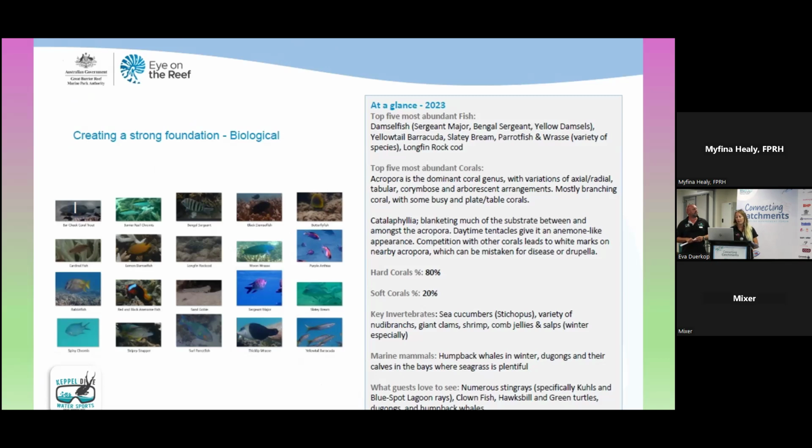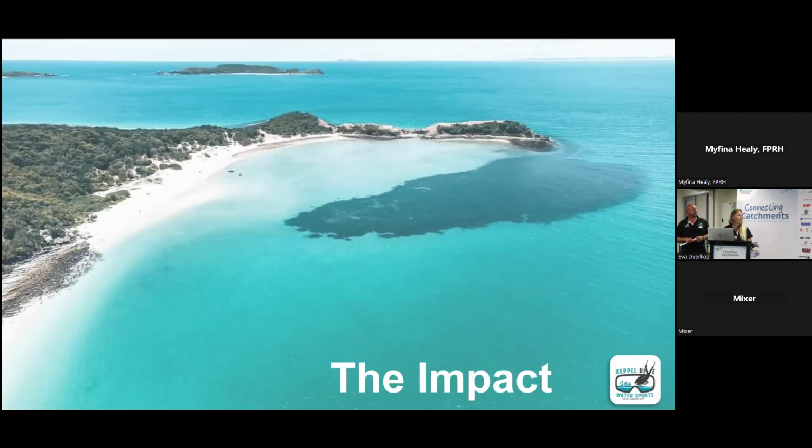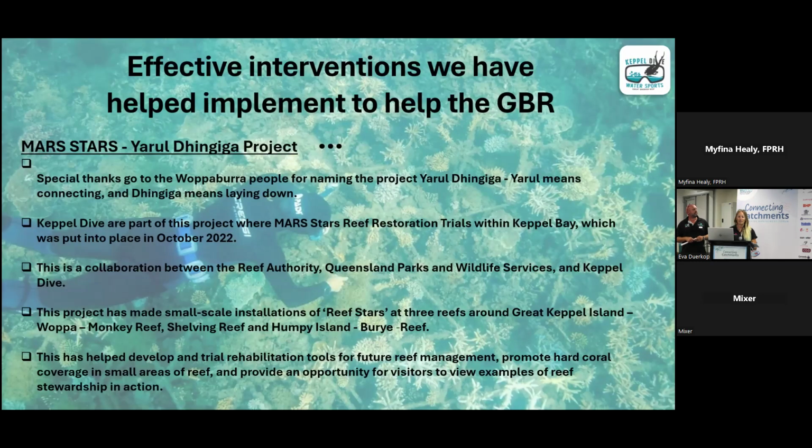So the impact, some of the things that we do out on the reef to help look after it. One of them was our Mars stars. So this was named by the Waffa people, meaning connecting and laying down. And so with these milestones, they were put in place in October 2022. In the background there, you can see amongst the reef, there's sort of starfish-shaped metal objects.